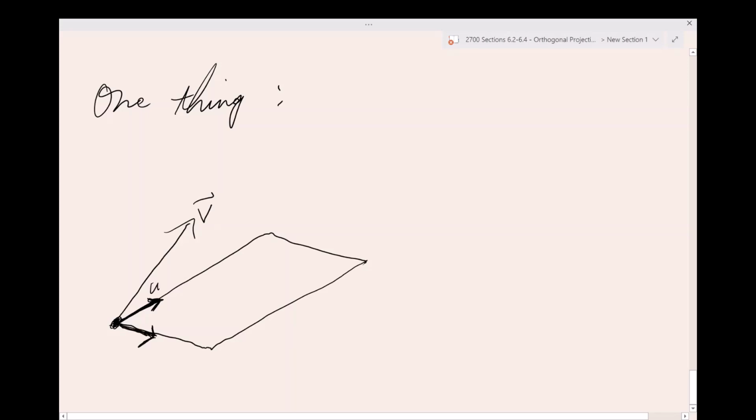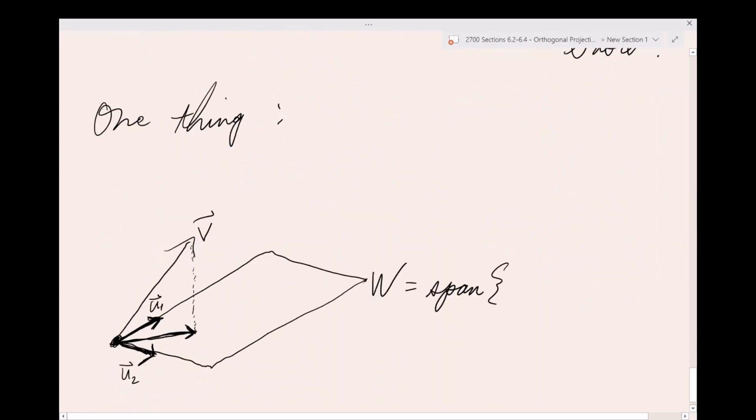So say I had a basis, u1, u2. Now, if I wanted the projection onto this subspace, so let's call this a subspace W, which is going to be the span of those two U's.